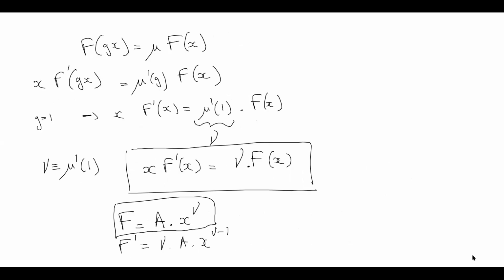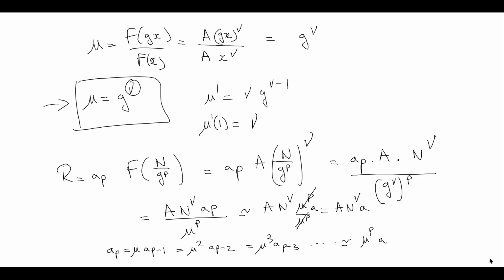Remember, it was identified here as the prefactor of the polynomial. So it's a constant number. So just in terms of scaling, I end up with A n^nu.